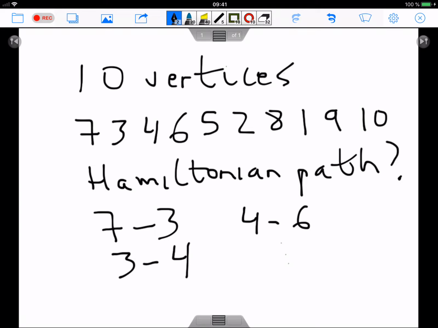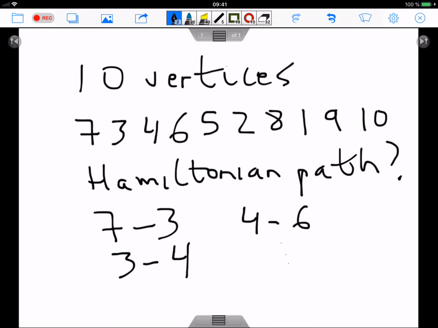We can also check, in this case it's trivial, that all the vertices appear in the list once and only once. So in general, if we are given a list of vertices, it is very easy, it is fast to check whether that list is a Hamiltonian path in the graph.